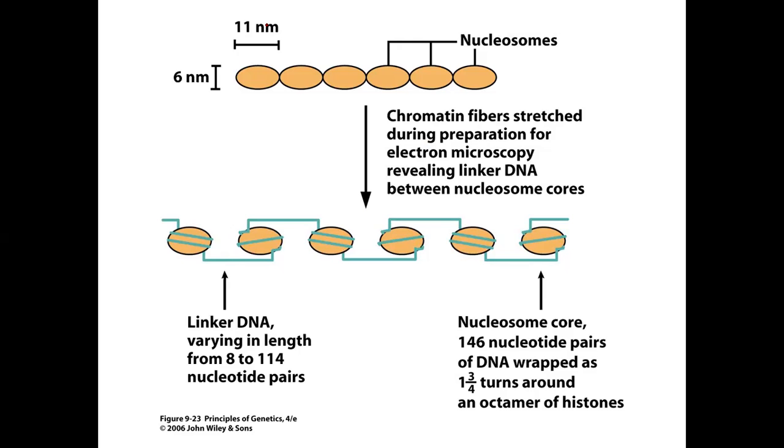Linker DNA varies in length, for example from 8 to 114 or 20 to 100 nucleotide base pairs. The nucleosome core is 146 nucleotide pairs of DNA wrapped in about 1.75 turns around an octamer of the histone.